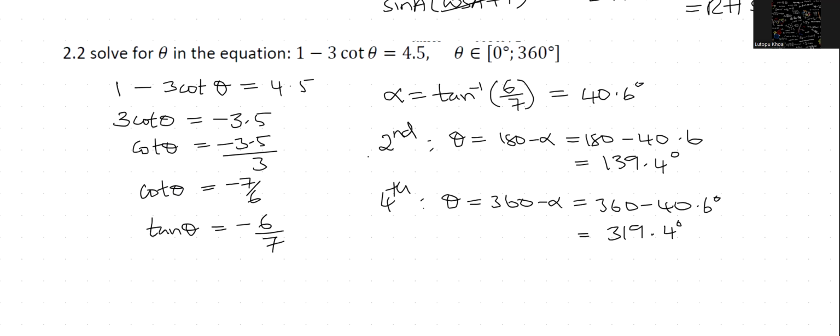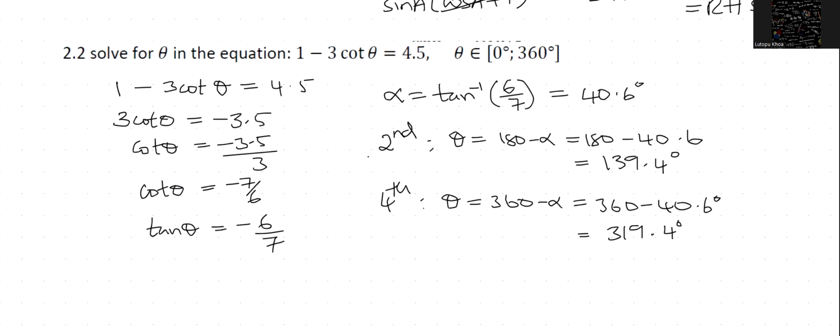Okay, so the next step is usually where we would add 360 and see if the angle we get is still in the range. But you can see that if you were to add 360 there, it would not be in the range. So we would stop there.